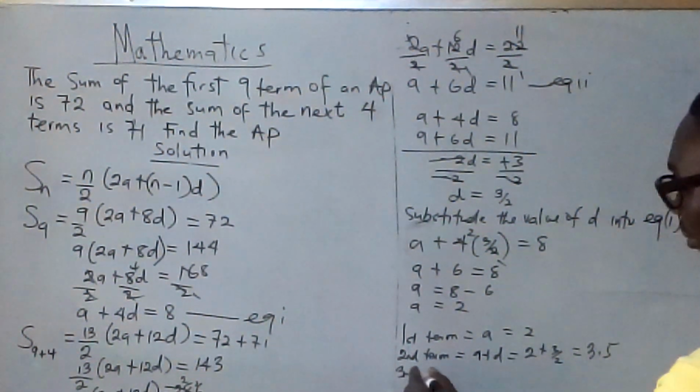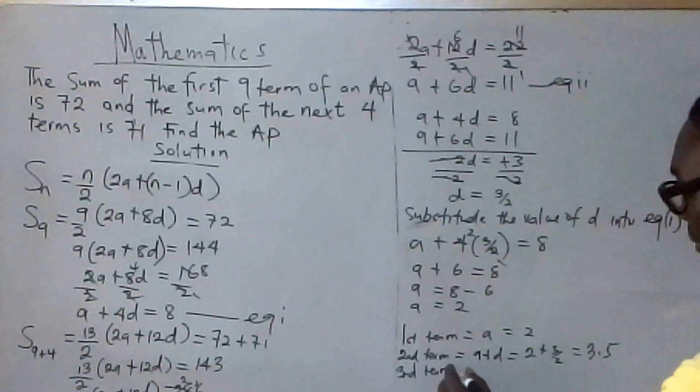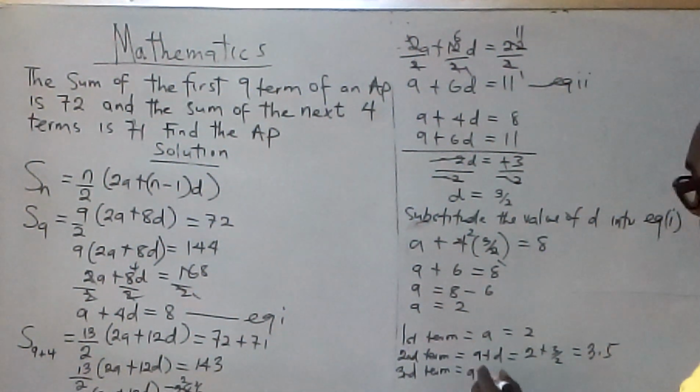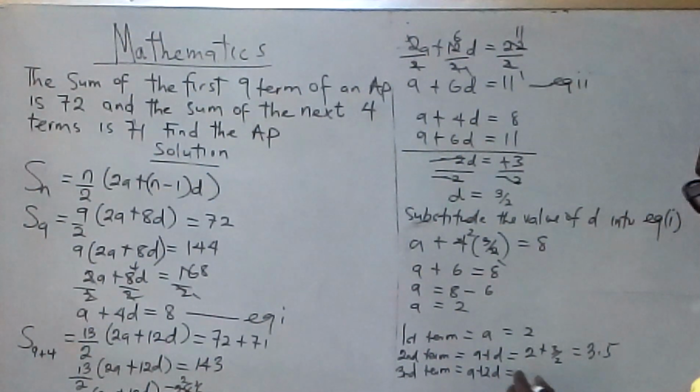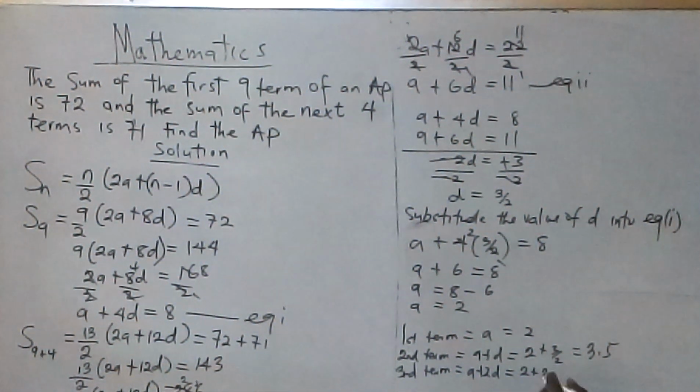The third term will be a plus 2d, which is 2 plus 2 into 3 over 2. This will cancel, so I'll now have 5.